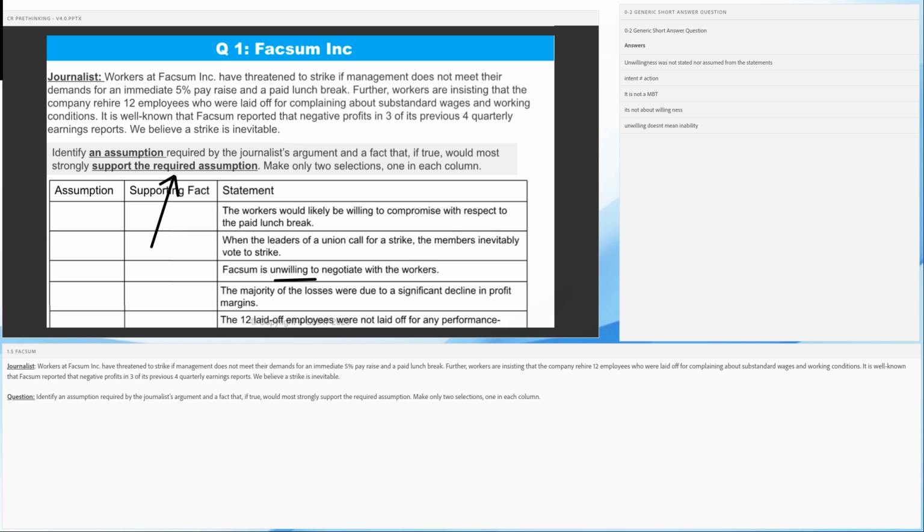Willingness. To get a 90th percentile on GMAT CR, should you be willing to study CR or should you be diligent while studying CR? Diligent, right?